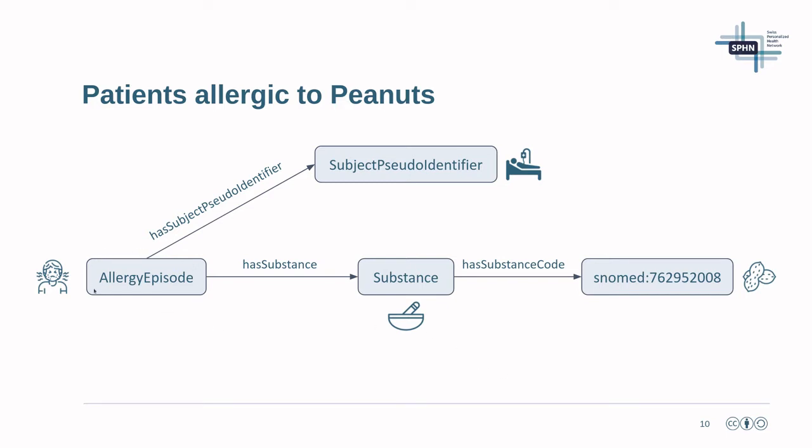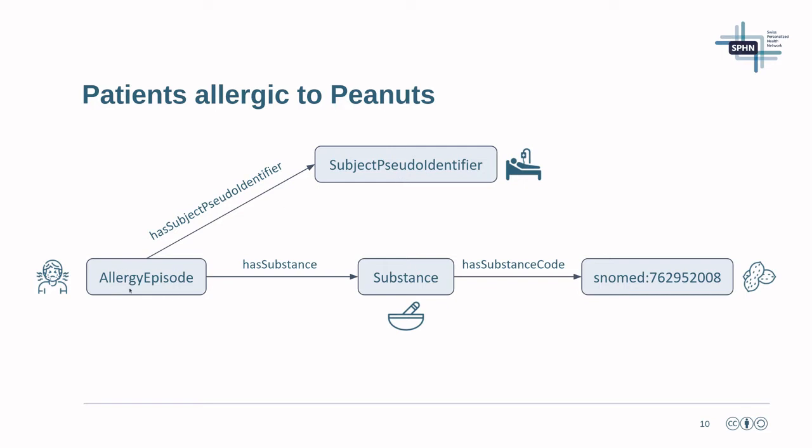So we first have an allergy episode class, which represents the episode of allergy that a patient went through at some point. And this allergy episode is connected through the property has subject pseudo identifier to a subject pseudo identifier class, which is basically information about the patient.